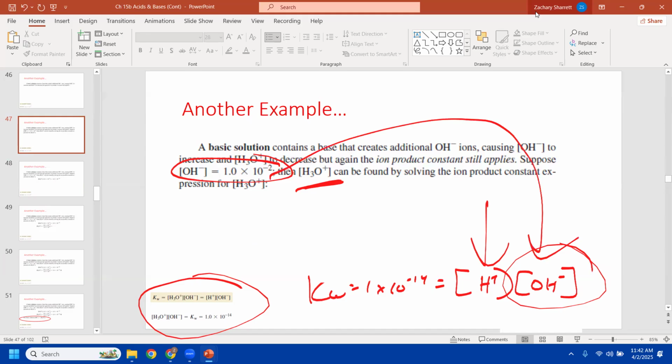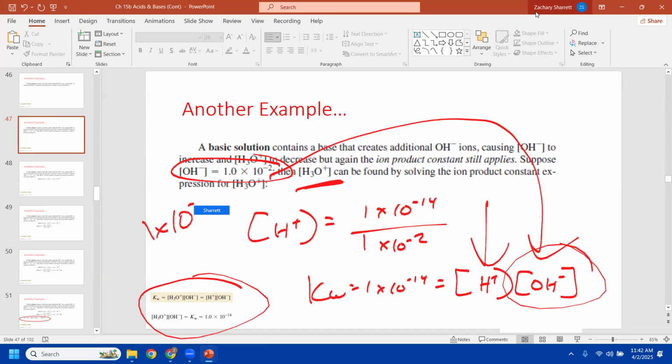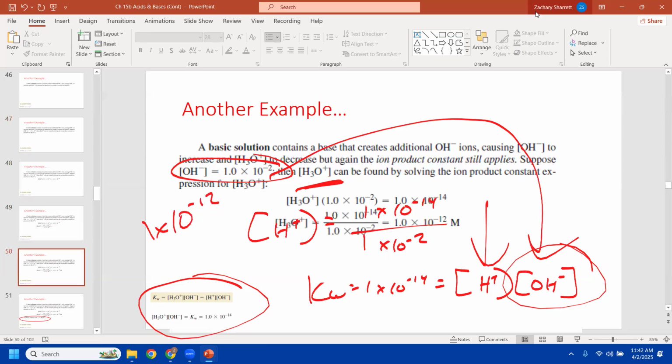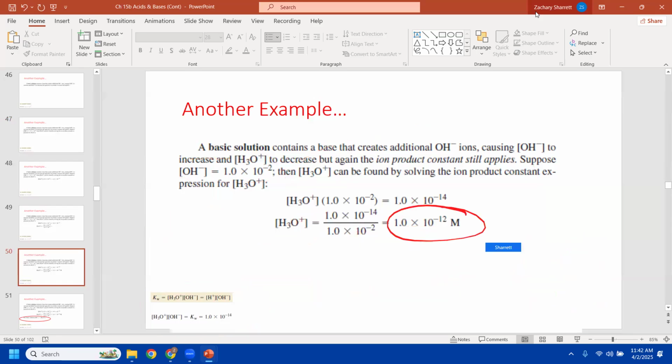So basically, the H plus concentration is going to be equal to 1 times 10 to the negative 14th divided by 1 times 10 to the negative 2. So someone punch that into your calculator. Tell me what you get. 1 times 10 to the negative 12. When we rearrange everything, we should be getting 1 times 10 to the negative 12 molar.